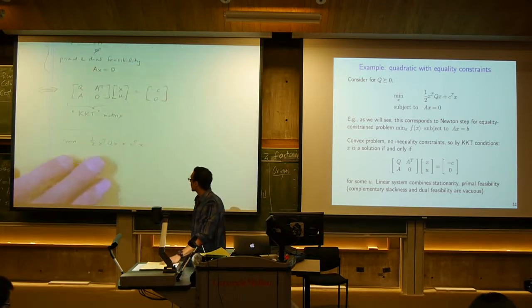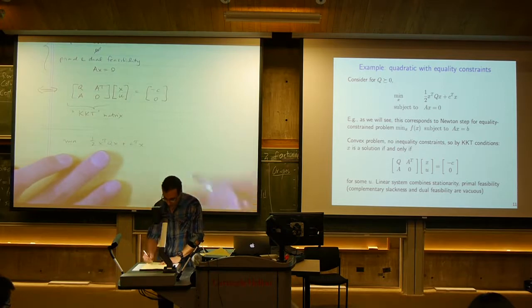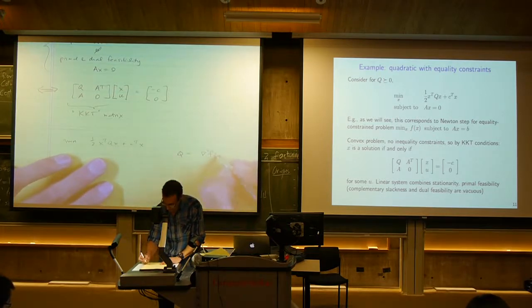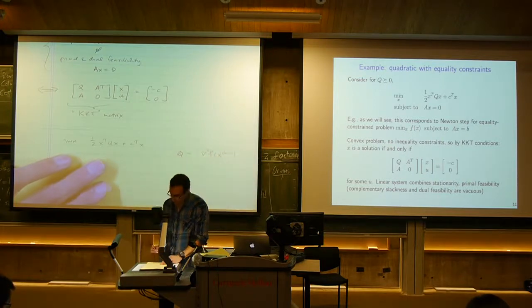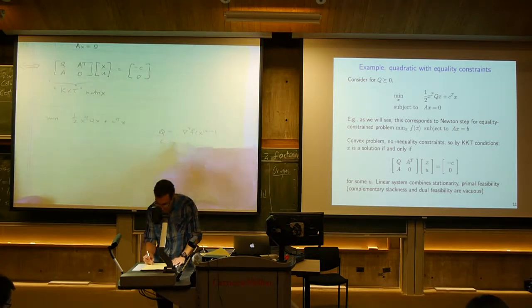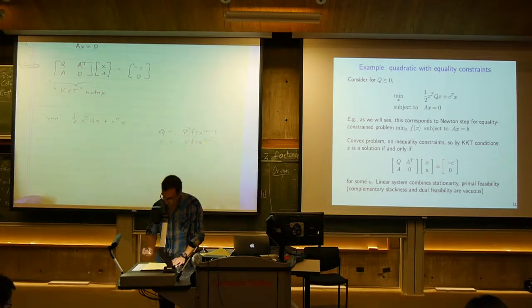So at the kth iteration in Newton's method, this Q is going to be like the Hessian at let's say the point x k minus 1. And this c is going to be like the gradient at the point x k minus 1.